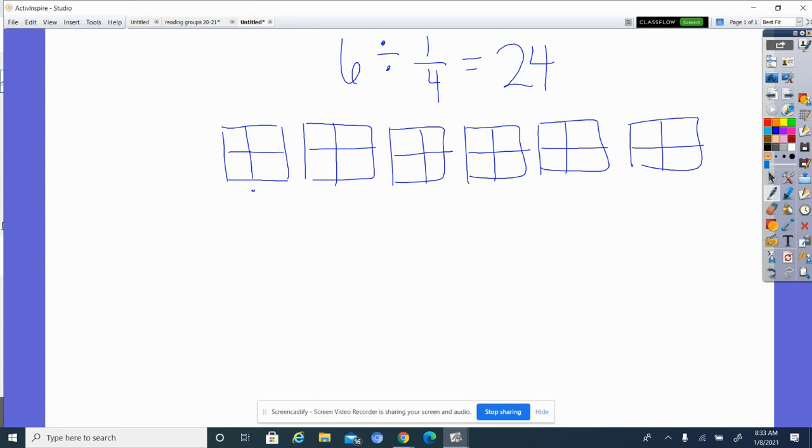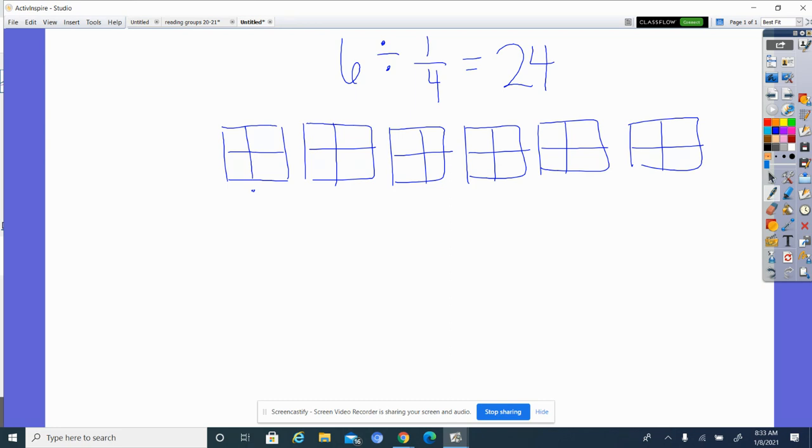Okay, so when we divide fractions, remember, fractions are unique. They all seem to have their own rules for how we add, subtract, multiply, and divide. When we add and subtract fractions, what's the first thing we need to do?